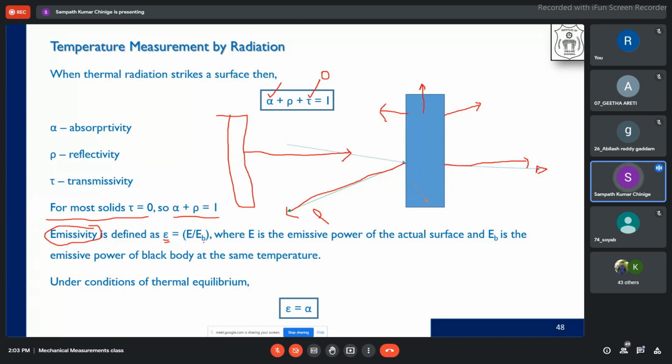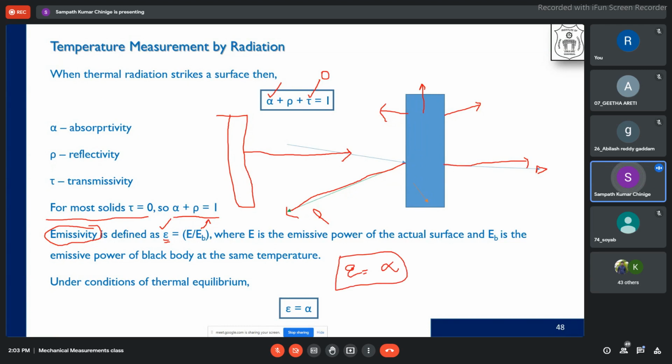We know that the maximum emissive power for a particular temperature is given by the black body, and whatever body we have at hand, how much it is able to emit at the same temperature, the ratio of these two gives us a new parameter called emissivity. Under thermal equilibrium conditions, we can assume your emissivity is equivalent to your absorptivity.